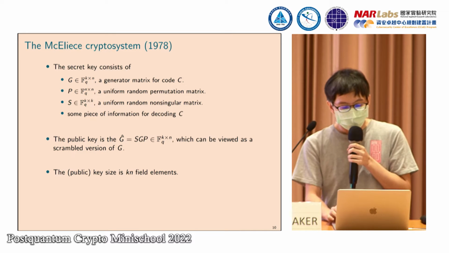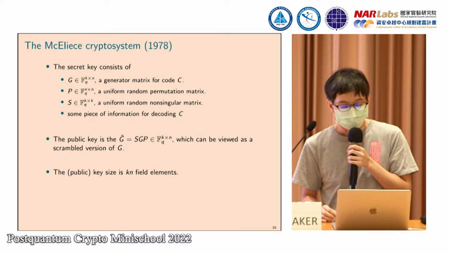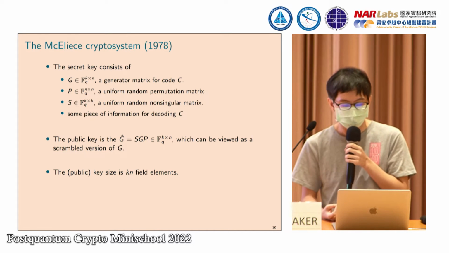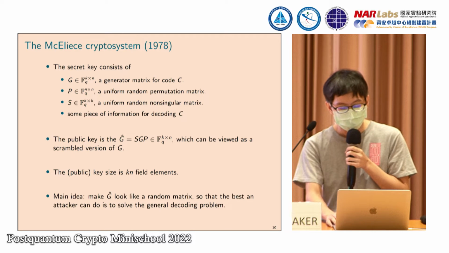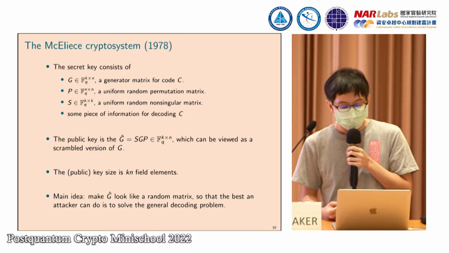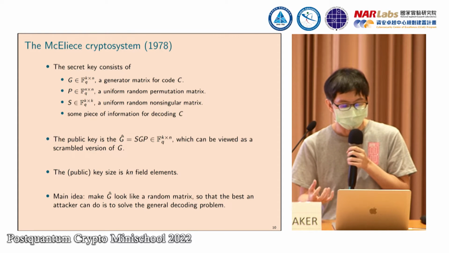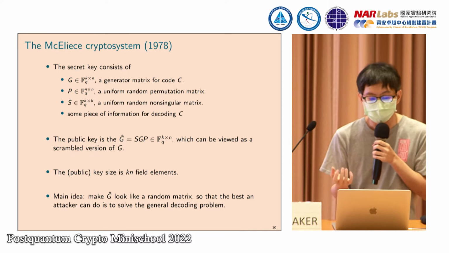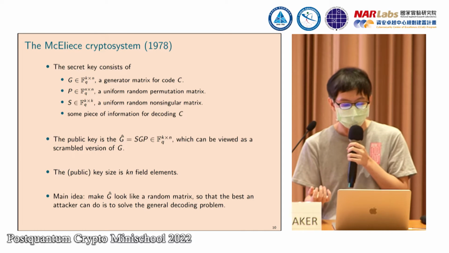And you can consider the public key size. Well, it's the size of the generator matrix, so it's k times n field elements. Later on I'll show that the main idea in this system is that we try to make G hat a random matrix, and then we use it to create an instance for regular decoding.